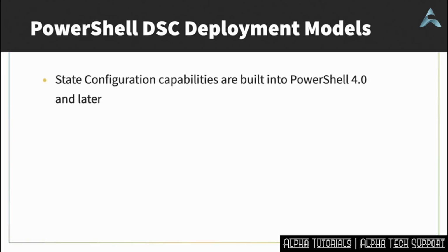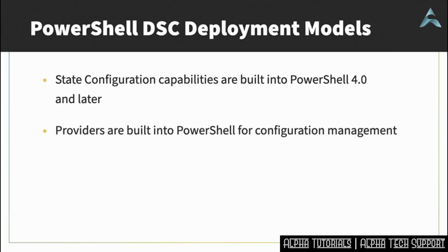Azure Automation State Configuration can be done using the capability built into PowerShell starting version 4, where we have the state configuration providers that are baked into PowerShell for the ease of configuration management. There are multiple providers that are around the file systems, registry, roles and features, processes, services, packages, logs, scripts, you name it.